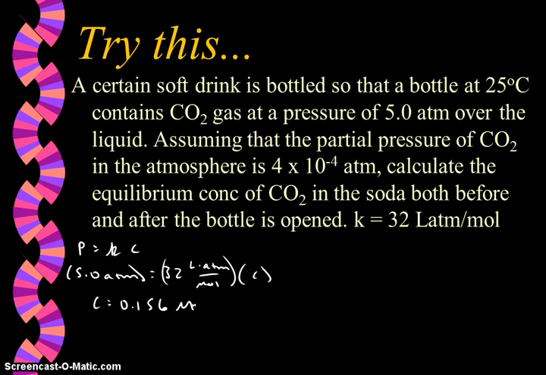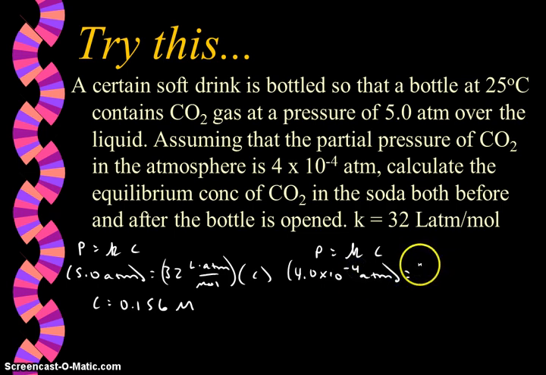Okay, now we open our soda up. We establish equilibrium with the atmosphere, and we want to find out what the new concentration is. So we have our same equation, P equals K times C. Now our pressure is 4.0 times 10 to the minus 4 atmospheres.